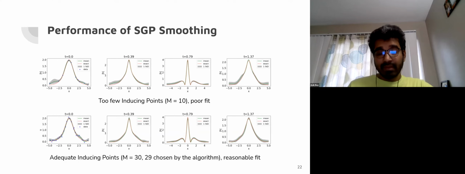Quantitatively, the solution we get from sparse GP smoothing is very close to the one with GP smoothing. We do lose some quality for losing some of the inducing points, but in many cases these differences were found to be negligible.